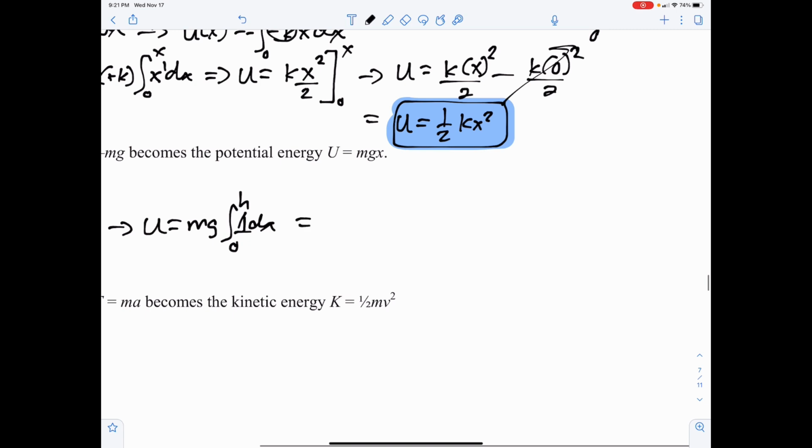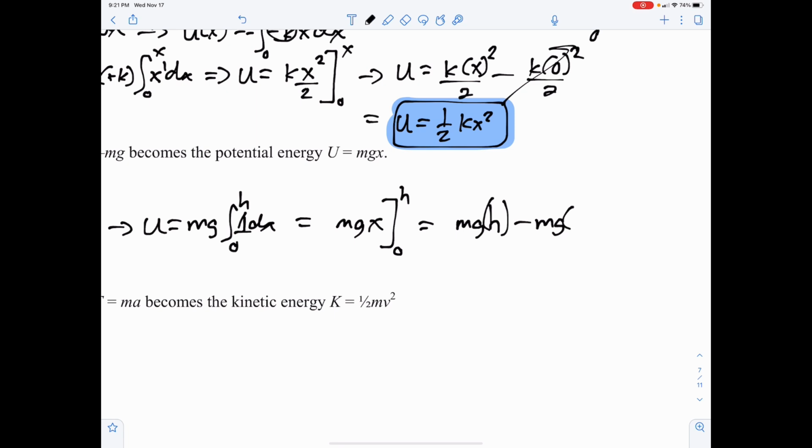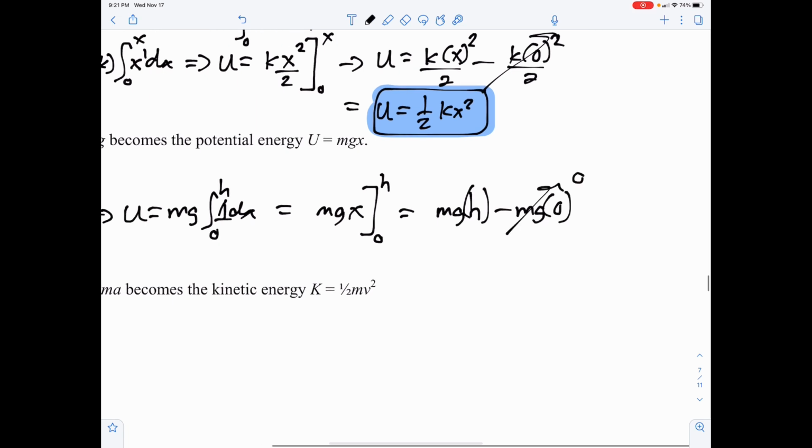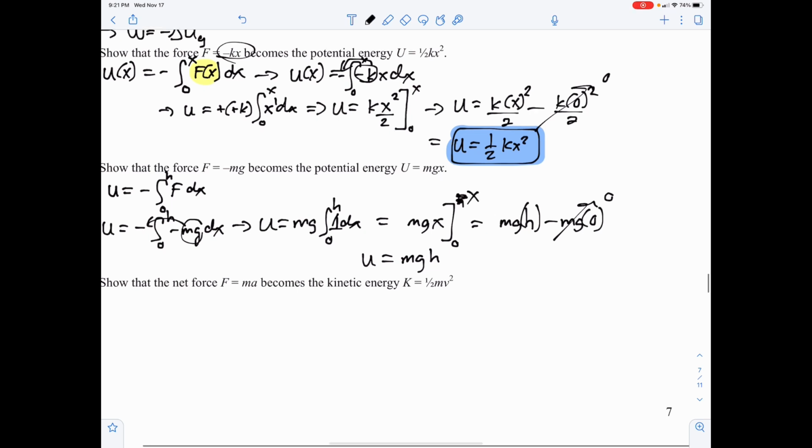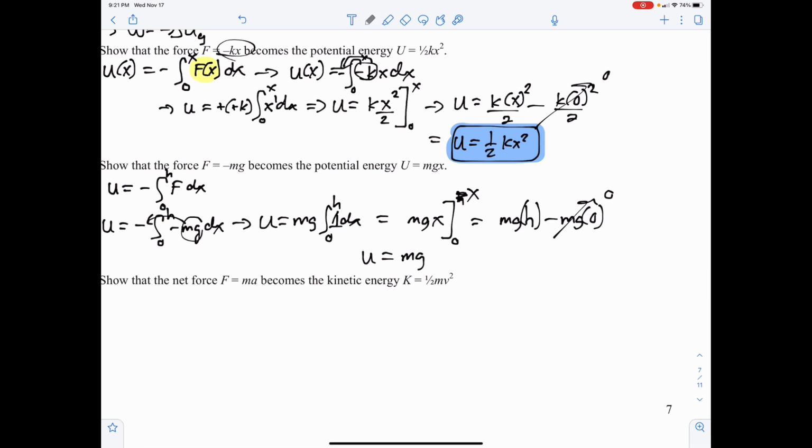The integral of 1 is just x, and then we slap on the mg scalar multiple out front and evaluate from 0 to h. This becomes mgh minus mg times 0, which cancels, and U equals mgh. Now, since we wanted to show that it becomes mgx, what we should have done is evaluate this from 0 to x, and when we plug x in for x, we get mgx.